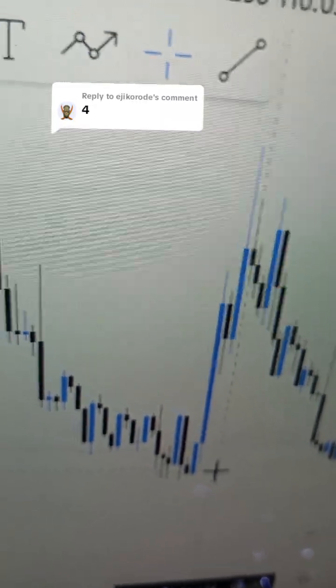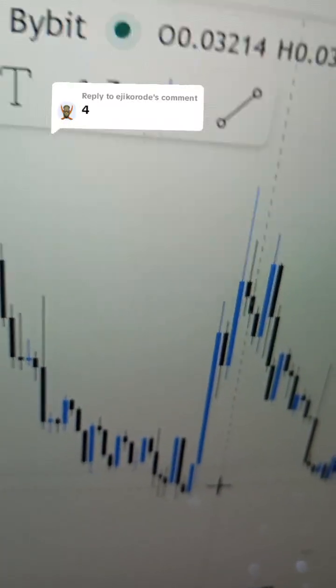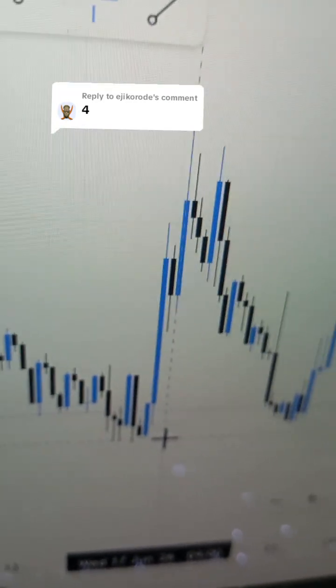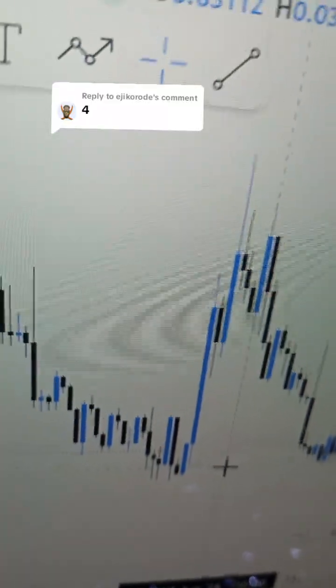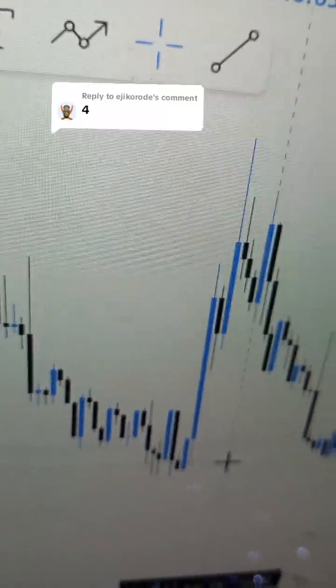But if it's more than 2, then from 4, you can call it mitigated. But if it's 2 to 3 candles, you can tell me that this is tested, not mitigated.